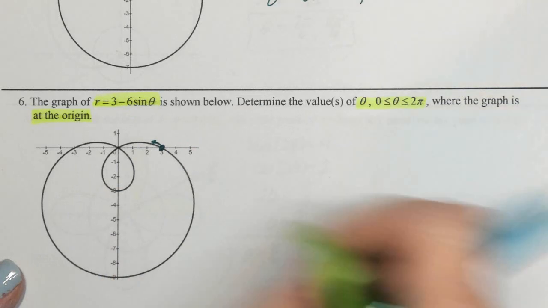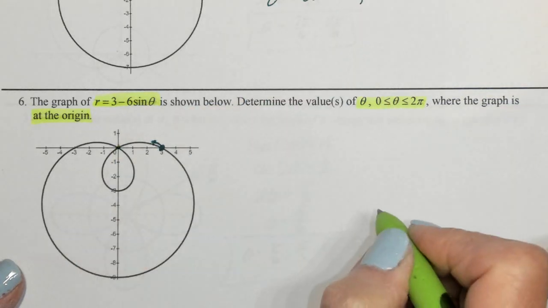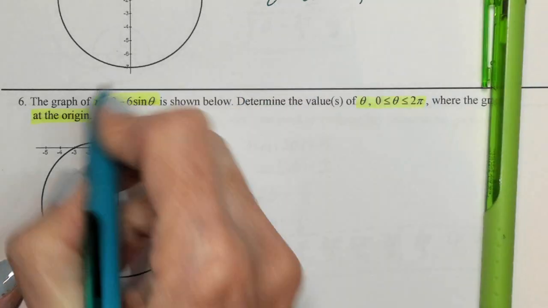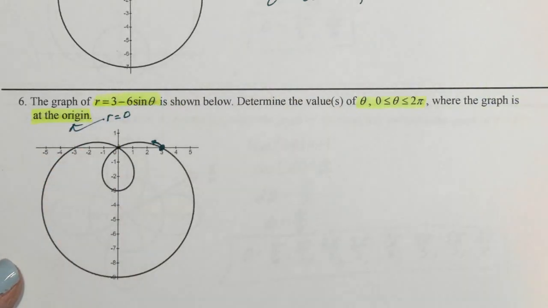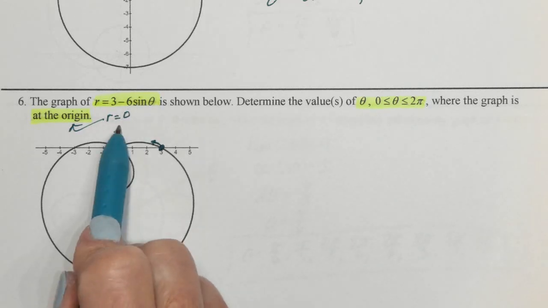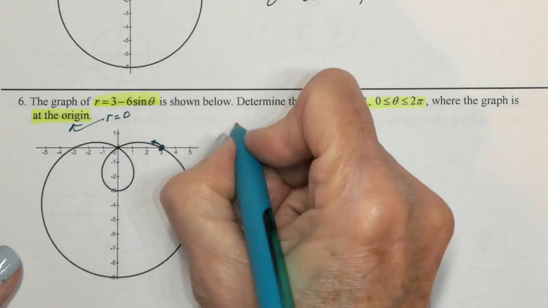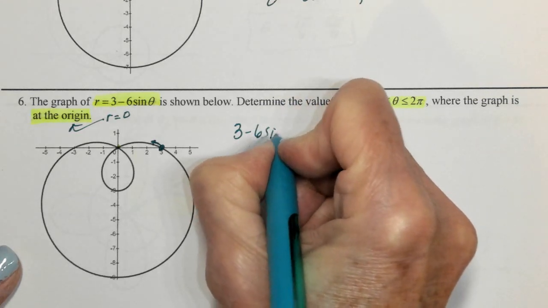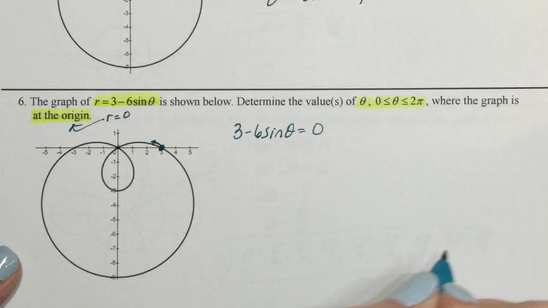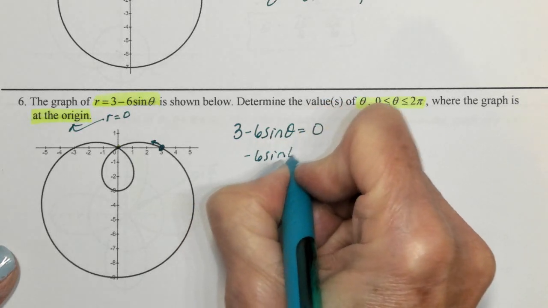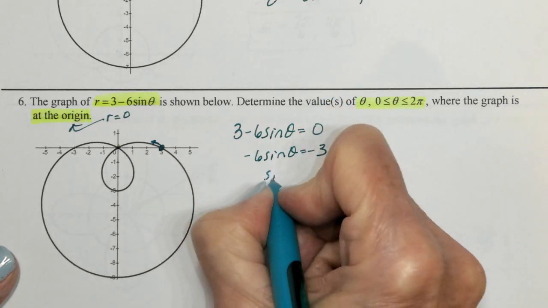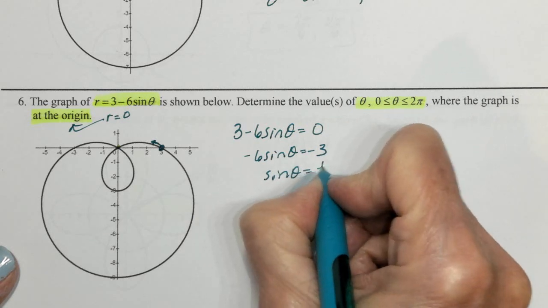What is happening each time that we are at the origin? Well, at the origin, r is 0. So we're actually finding out the intersection of this curve and r is equal to 0. Setting that curve equal to 0, we can subtract 3 on both sides, divide both sides by 6.